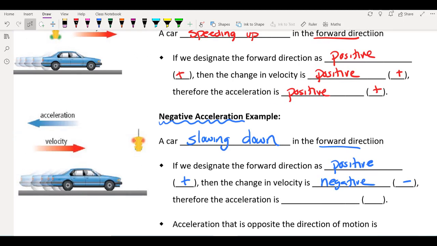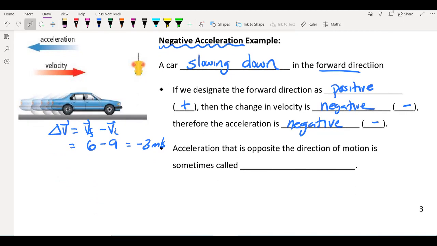If you have trouble imagining that, you can think of change in velocity as equal to your final minus your initial. Suppose we're initially going at 9 meters per second and we slow down to 6 meters per second. So our final is 6. Our initial was 9. We slowed down and our change is negative 3 meters per second. Slowing down, negative change. So if the change is negative, that means the acceleration is also negative.